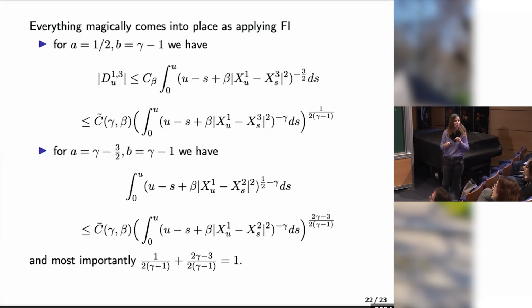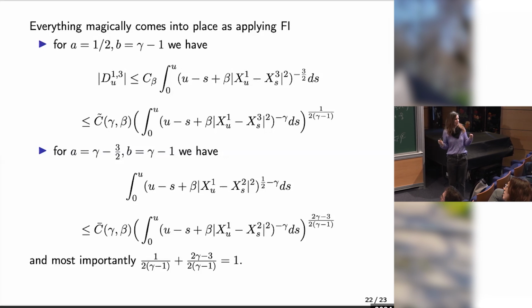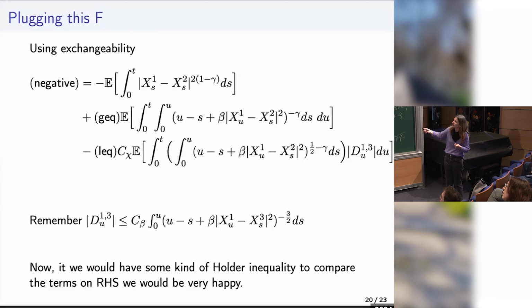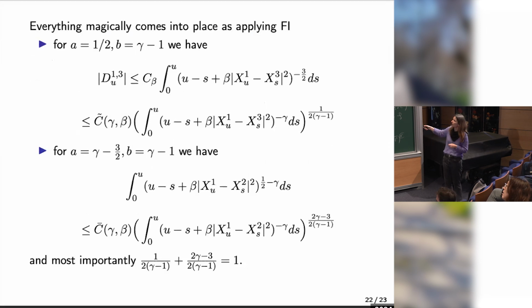And what was really magical was that these exponents were conjugate, okay? Using the exchangeability, they really give you what you're looking for. They really become this term, okay? It was really magical that all this came into place and that they were compatible.